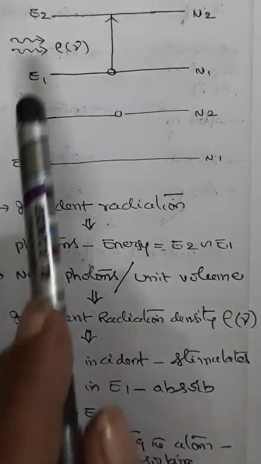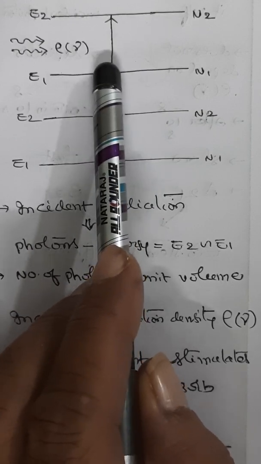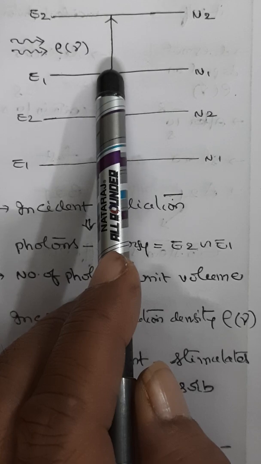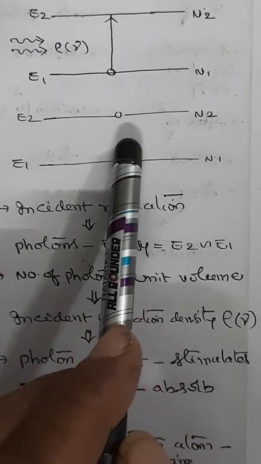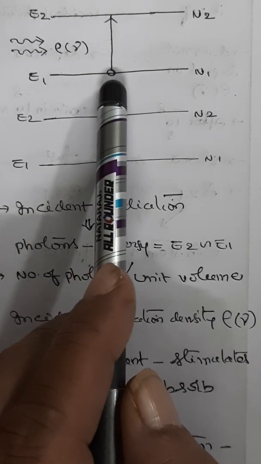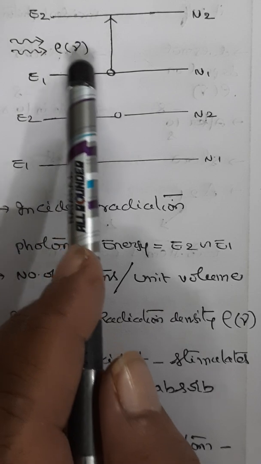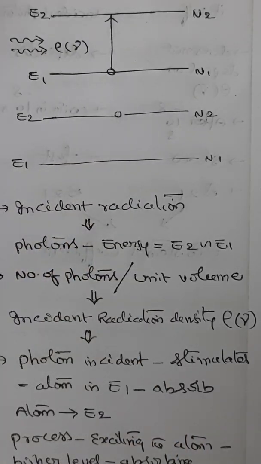So the incident photon stimulates the atom in the lower energy level E1 to absorb the energy. After absorbing the energy, the atom transits to E2. So this process of exciting the atom to higher energy level by absorbing the stimulating incident photon is what is known as stimulated absorption of radiation.